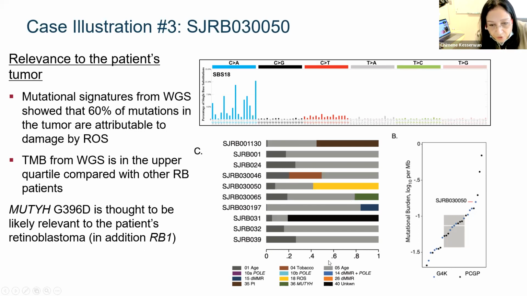We have the various mutational signatures, including the clock one, the age, which we'll see across the board, the POLE mismatch repair, the tobacco, MUTYH, ROS here, and unknown. So our patient has a signature for ROS, right? And these are all the retinoblastoma patients in our cohort. So we compared it to the other retinoblastomas in our cohort, which did not display any similar mutational signature.